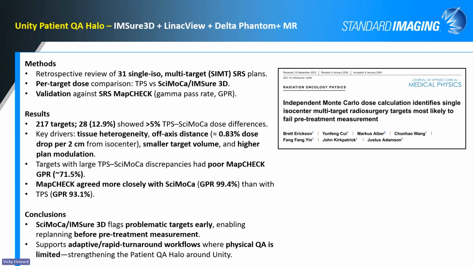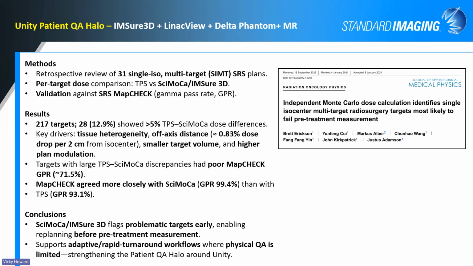The next research paper I'll discuss is looking at, again, SIMOCA as an independent Monte Carlo dose calculation algorithm. And it looks at its ability to identify single isocenter multi-target radiosurgery targets that are most likely to fail pre-treatment measurement. So it's using SIMOCA as a predictor of which targets might fail.